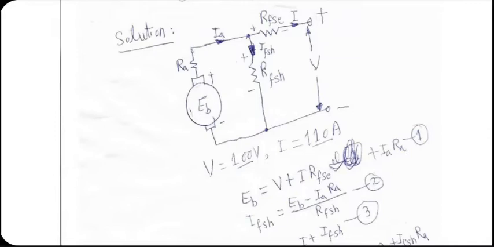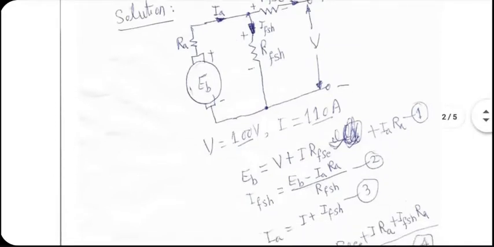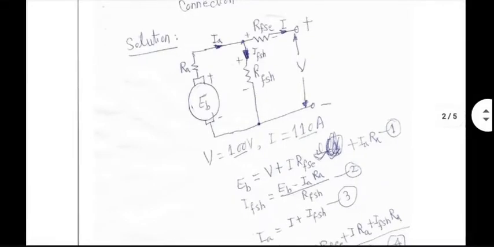That is also correct. And the third equation is IA equal to I plus IFSH. That is obviously true also. So we have got three equations. Our objective is to figure out EB and IA. Actually, I also is an unknown. So three equations and three unknowns. How do you solve them?